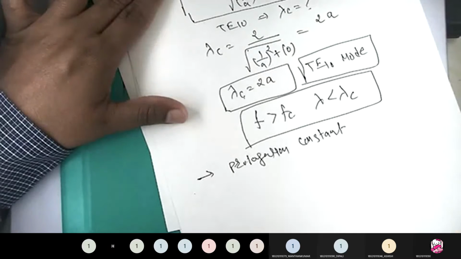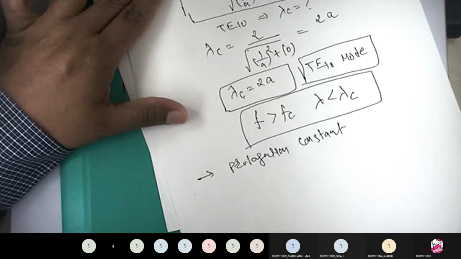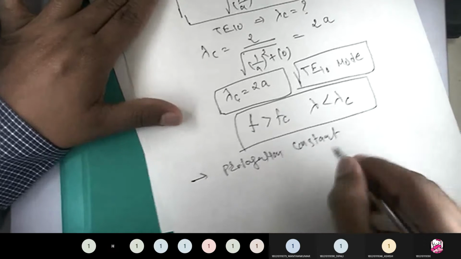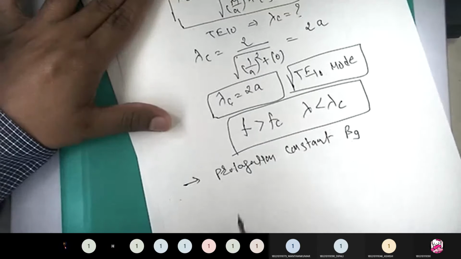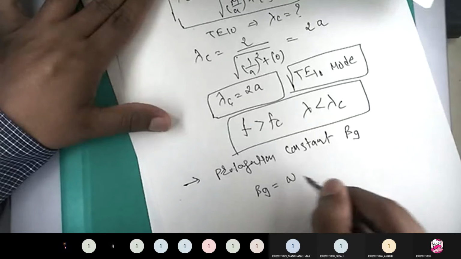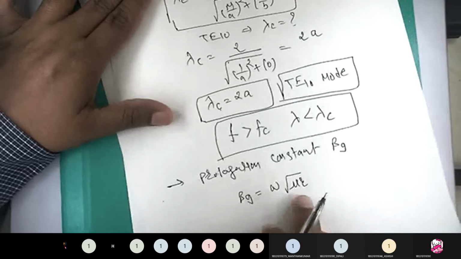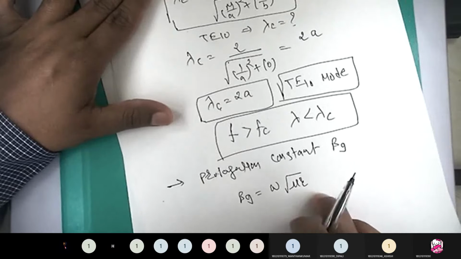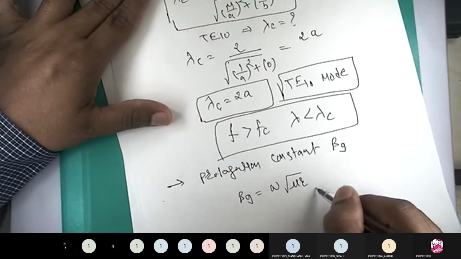All of you now know that the propagation constant is different from the free space medium. Now it is beta g. Beta g is omega square root of mu epsilon, but because now it is not in free space, we have to add one more term related to the cutoff frequency.